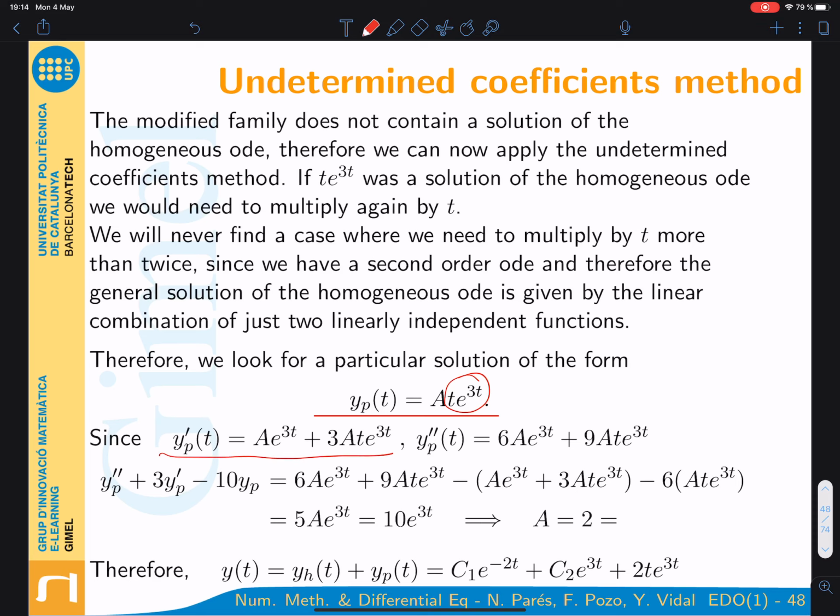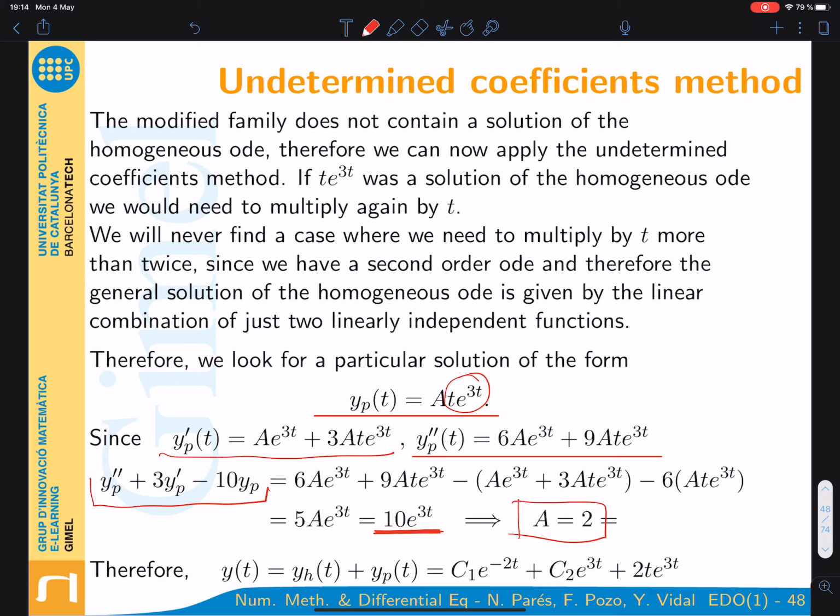We compute y prime, we compute y prime prime, we plug it into the differential equation, and now it is solvable. We find this equation here, and we find out that A must be equal to 2.